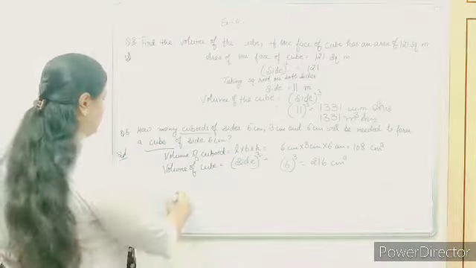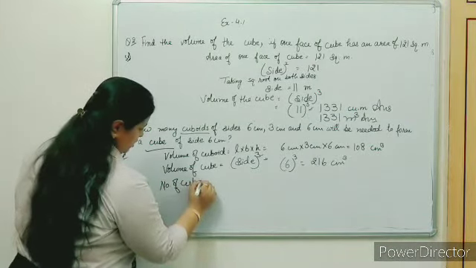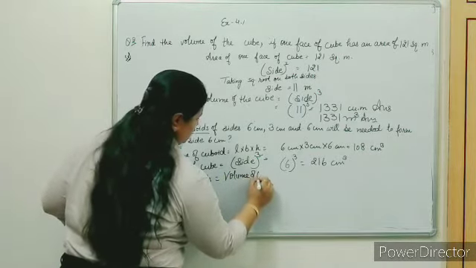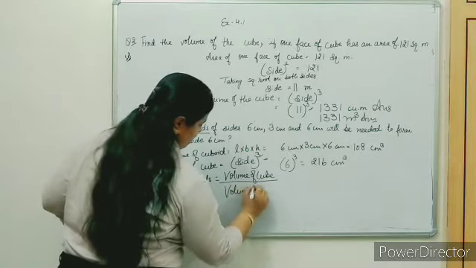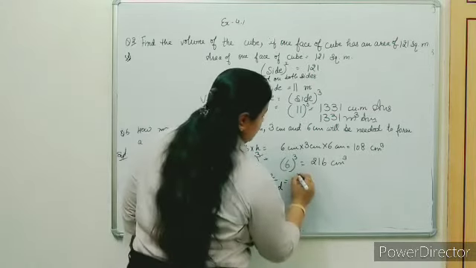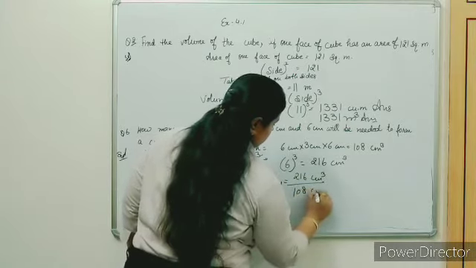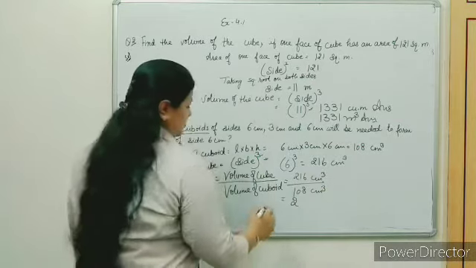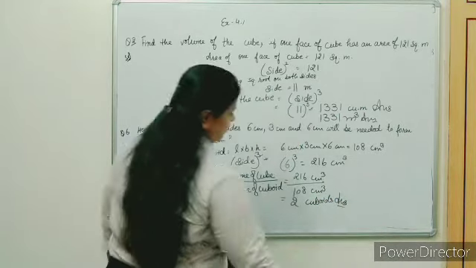To calculate the number of cuboids, it will be volume of cube divided by volume of cuboid. So it is 216 centimeter cube divided by 108 centimeter cube. So the answer is 2. It means 2 cuboids are required. Clear?